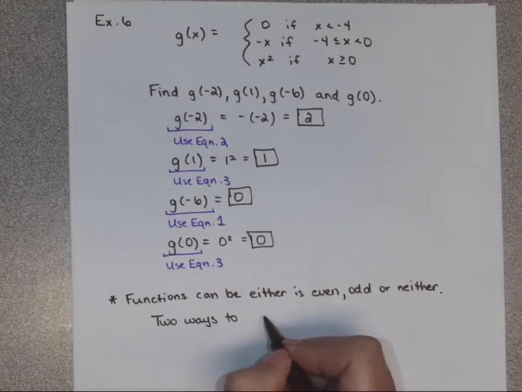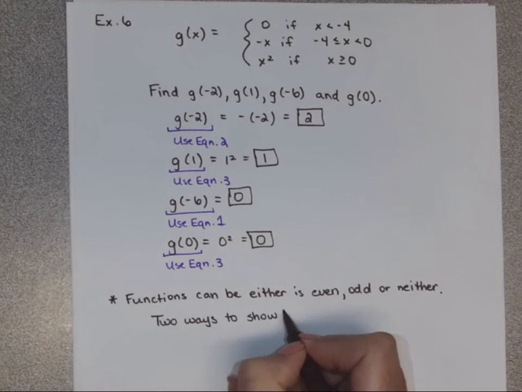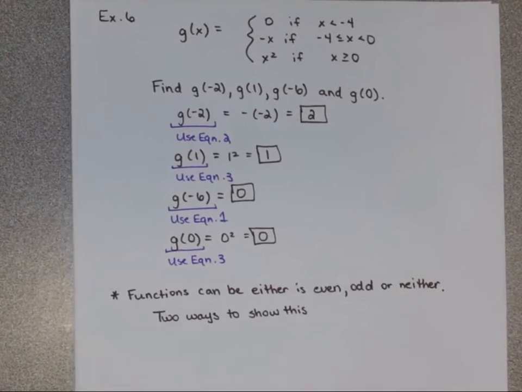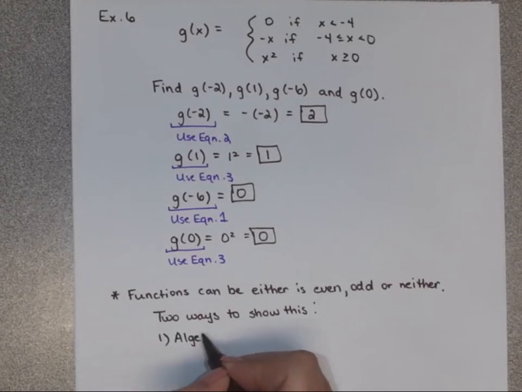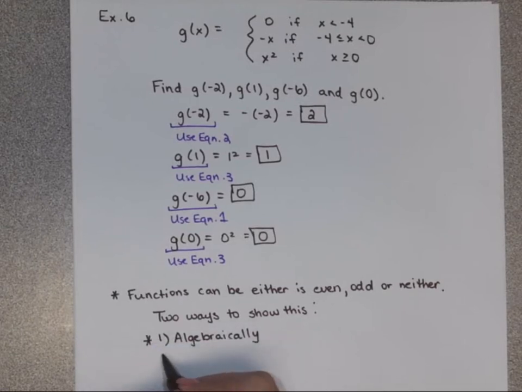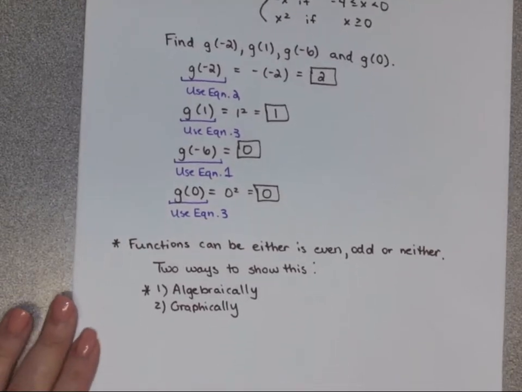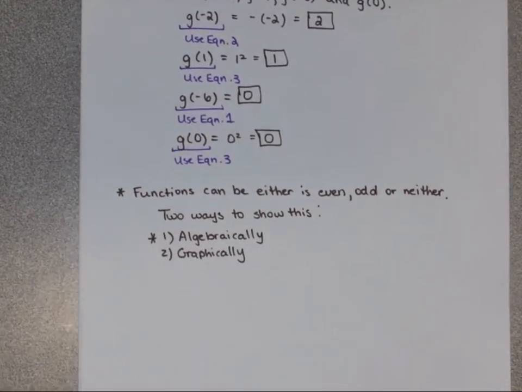I'm going to mention both of them, but then I'm going to tell you which one I want you to know more than the other. So you can show it algebraically. That's going to be our go-to. And you can also show it graphically if you know what it is you're looking for. But I'm putting a star by algebraically because if I had to pick something that I'll probably include on test 1, it would probably be the algebraic format as opposed to the graphic format.